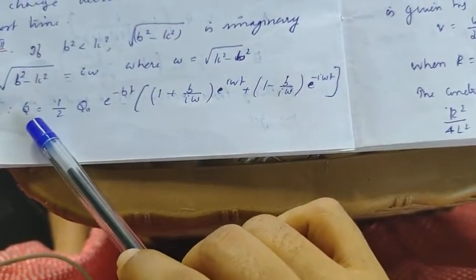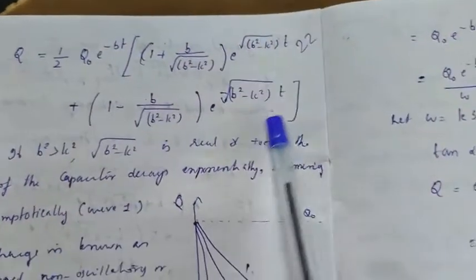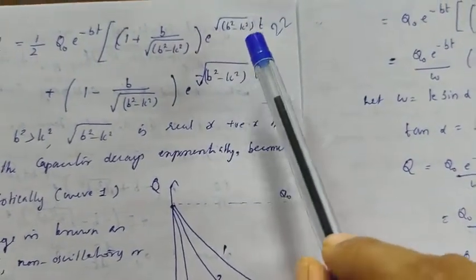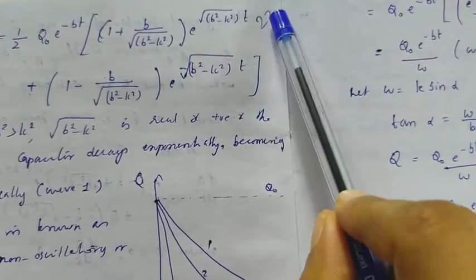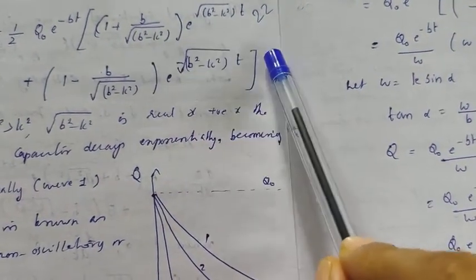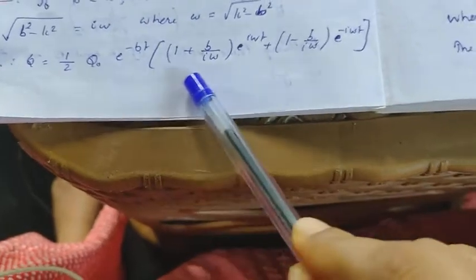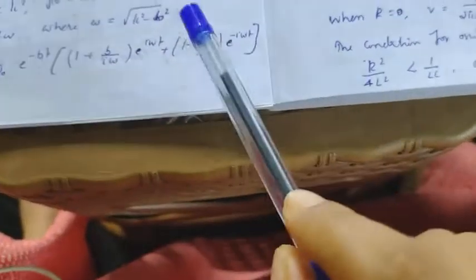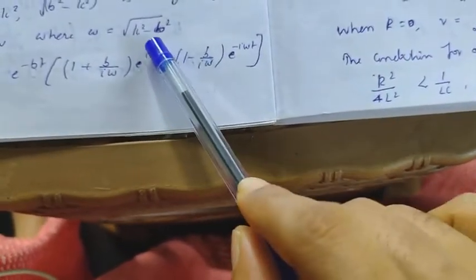The equation will become: this term will become i omega, so the exponential terms will be e raised to i omega t and e raised to minus i omega t, so that q is equal to half q0 e raised to minus bt times these terms.